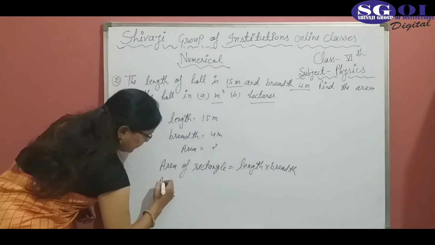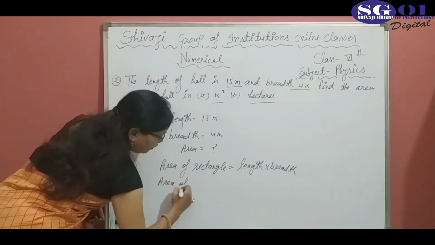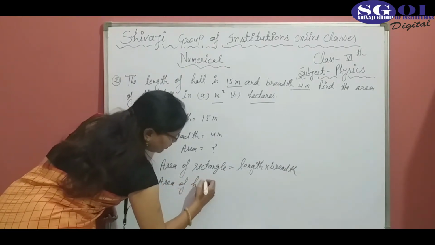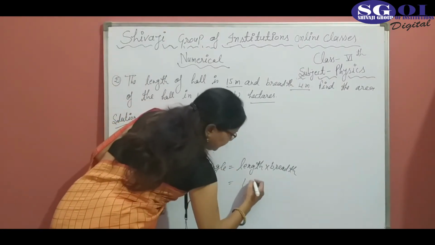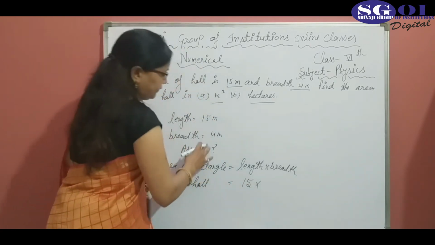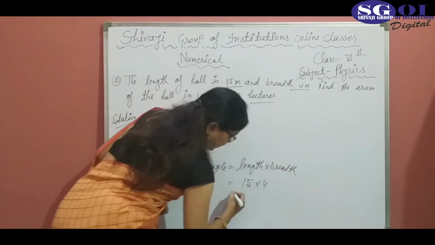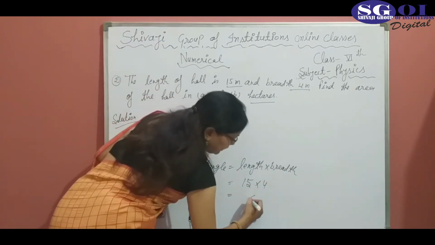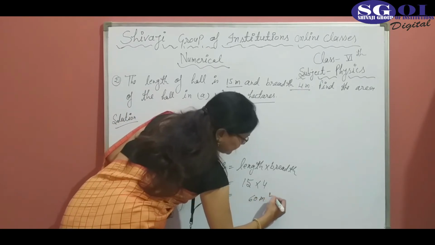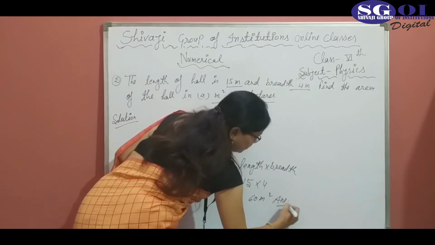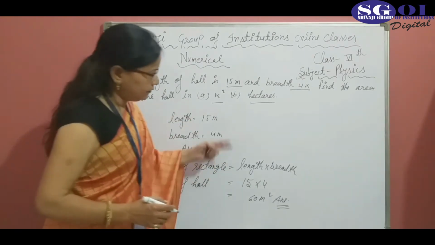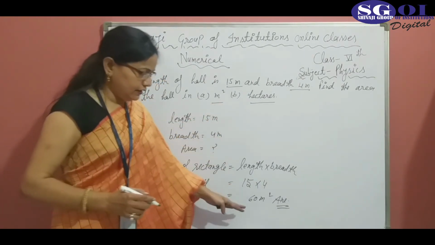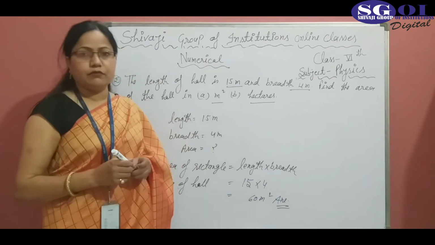So the area of hall will be, length is 15 meter and breadth is 4 meter. After multiplying we get 60 meter square. So the area of hall in meter square is 60 meter square.